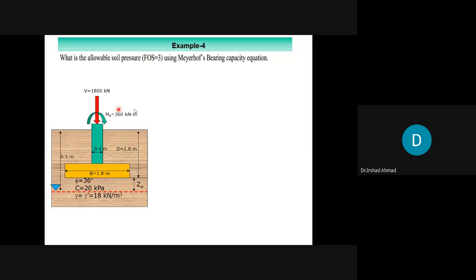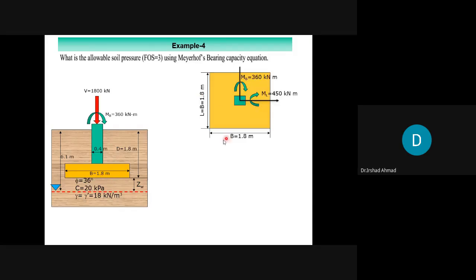This is the problem. The depth of foundation is 1.8 meter. This is a square footing. B is 1.8 meter and length is also 1.8 meter. Friction angle 36 degrees, cohesion 20 kPa, unit weight of soil is 18 kilonewton per meter cube.